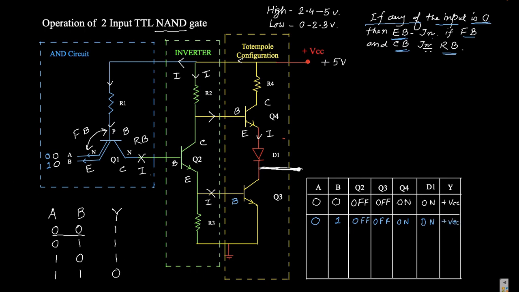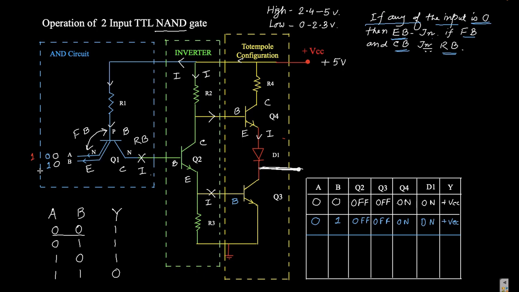Okay. Now consider case number 3. What is case number 3 we are considering? A becomes 1 and B becomes 0.